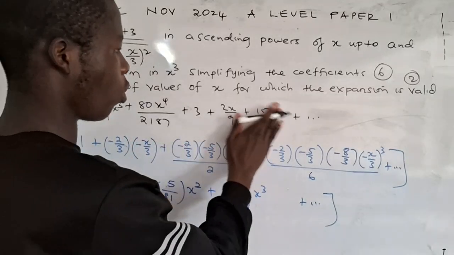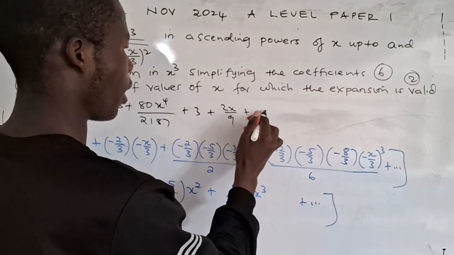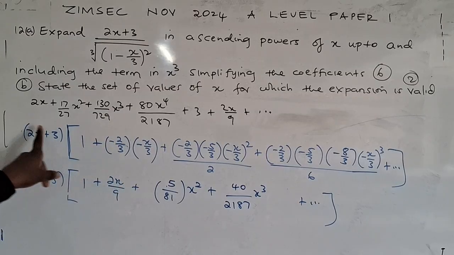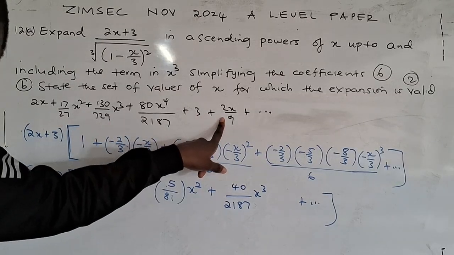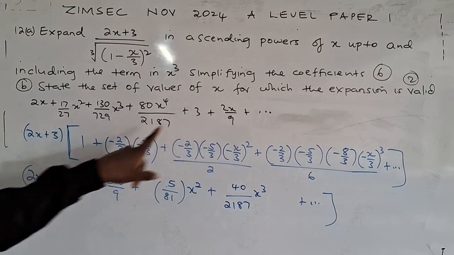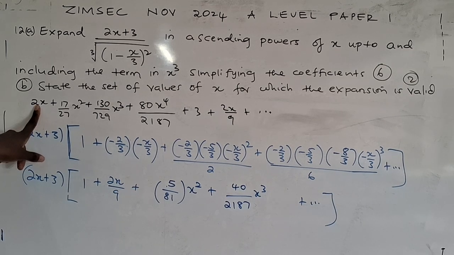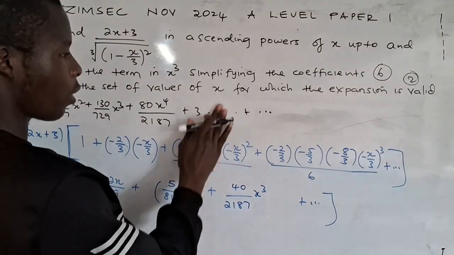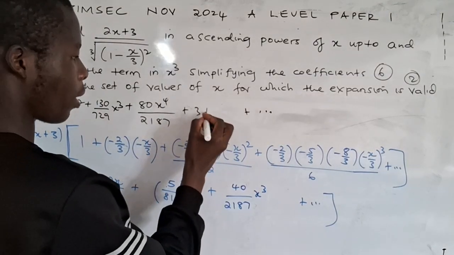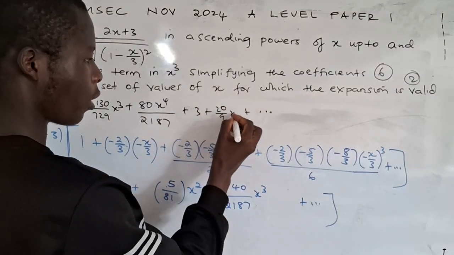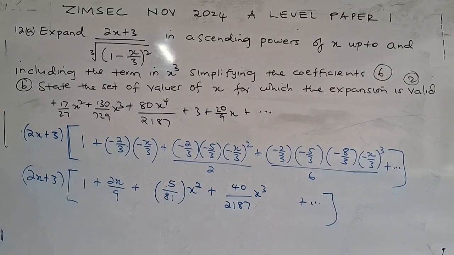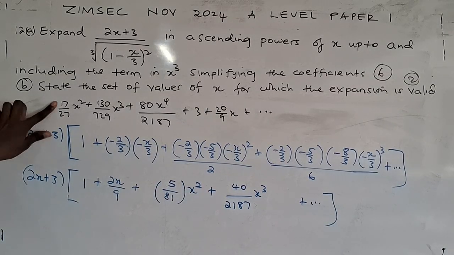Okay, here we are. Now I have this 2x over 9, 2 by 9. Yes, plus this 2. What is the answer? 20 over 9. So here I have plus 20 over 9x. Here we are. So I'm going to remove this.